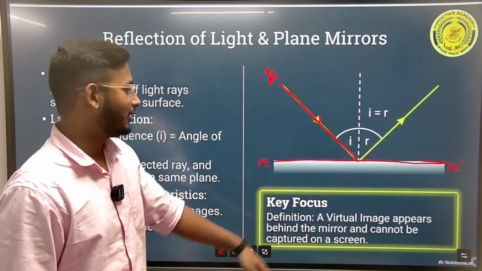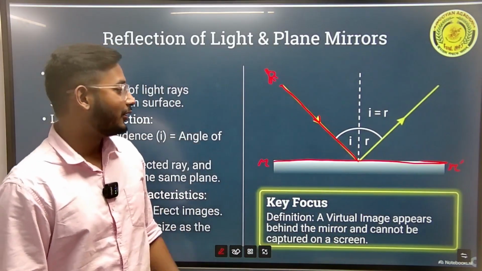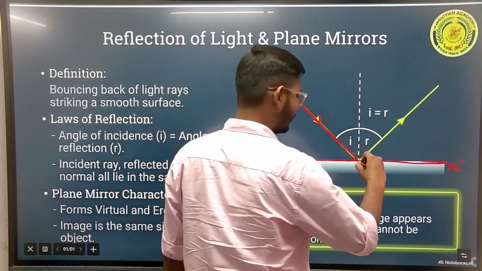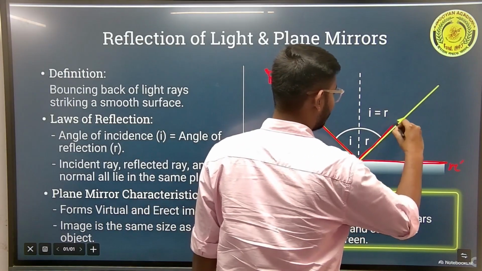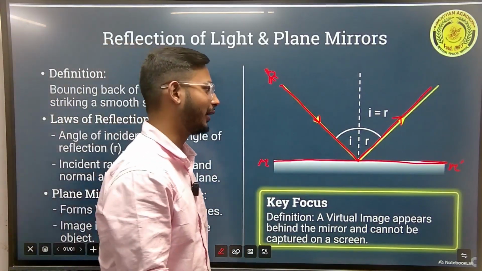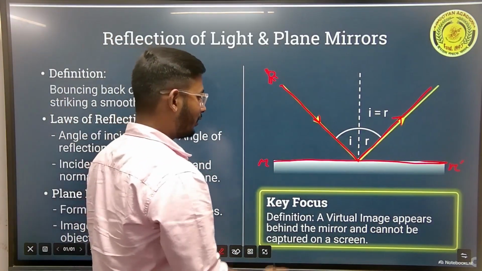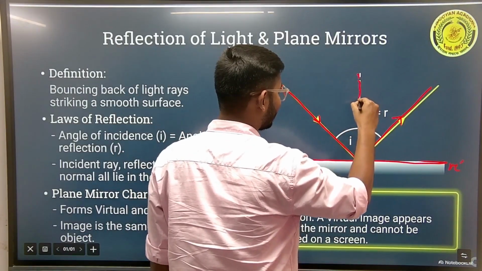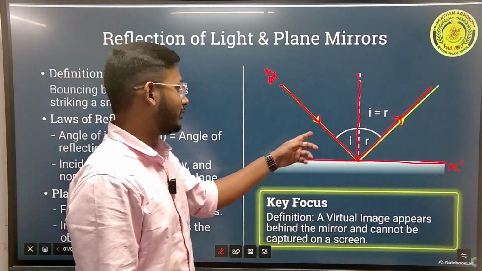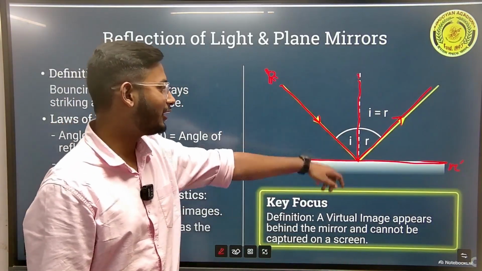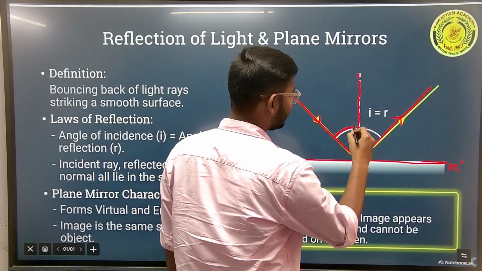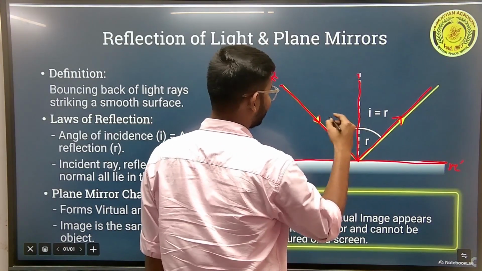When the incident ray coincides with the surface or the mirror, it gets bounced back, or we can say it gets reflected. Now on the surface, if we draw a normal, the incident ray makes an angle with the normal. This angle is called the angle of incidence.